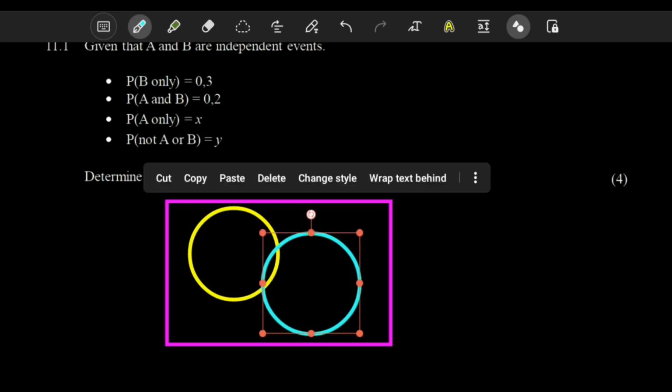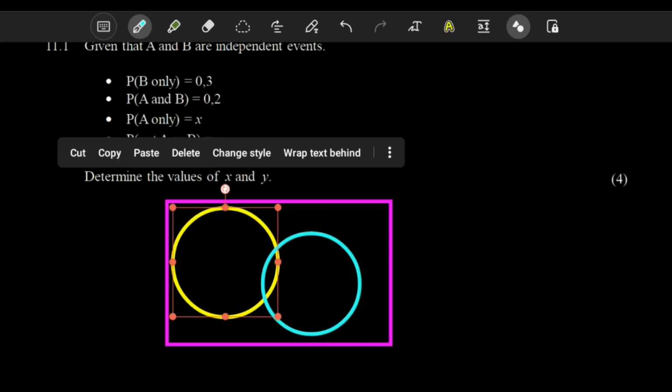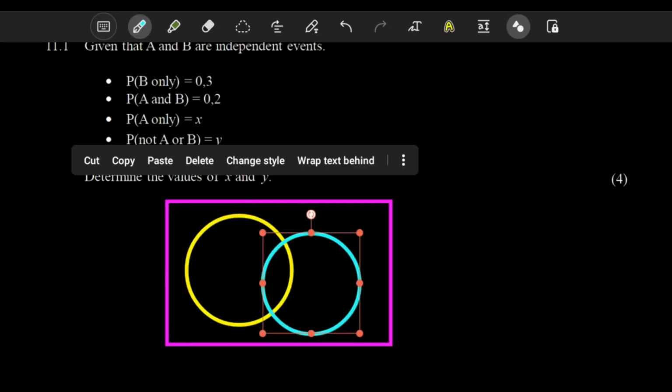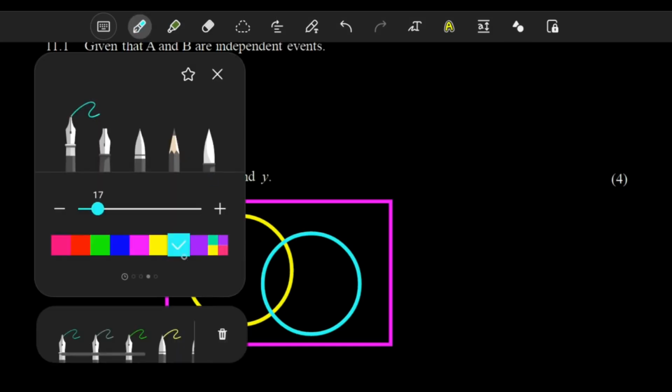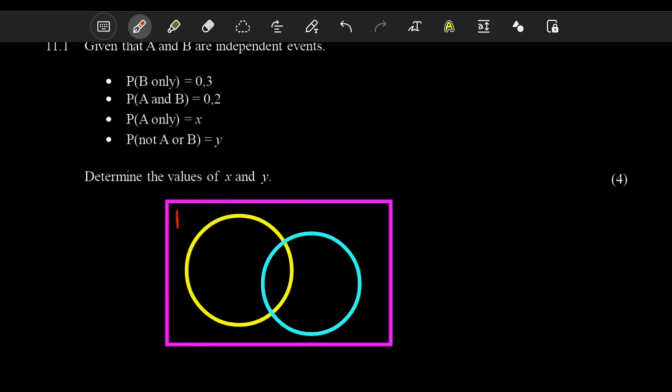Let's make this a bit bigger. Anyway, so we have two events, right? Let's label them event A and event B. Let's label this one B. Let's label this one A.